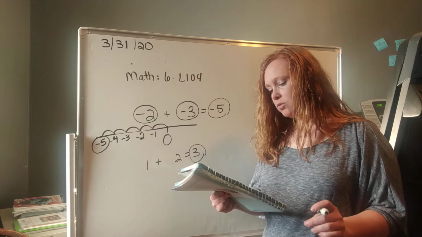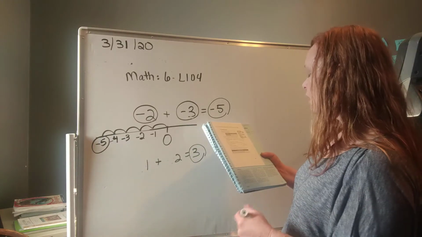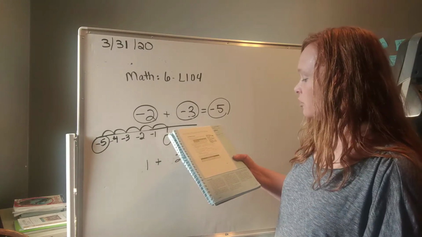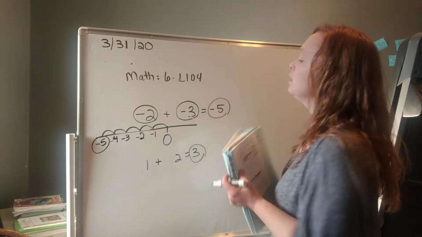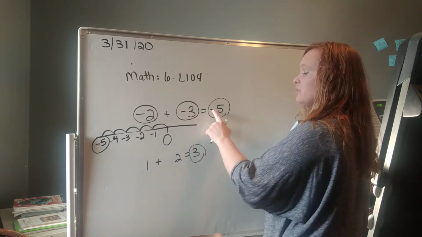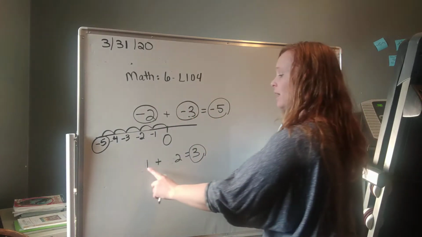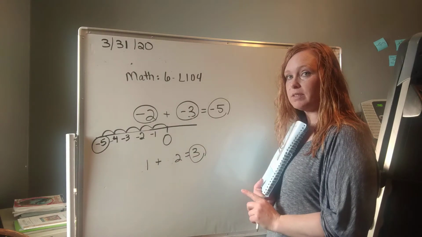It says these rules are for adding integers with like signs. The sum of 2 negative integers is a negative integer. The sum of 2 positive integers is a positive. So if we add 2 negatives, we add the numbers and get a negative number. If we add 2 positive numbers, we add the numbers and get a positive sign.